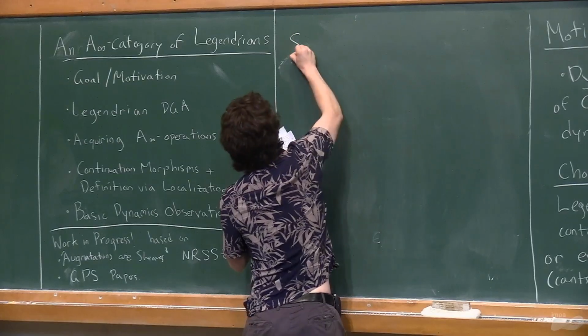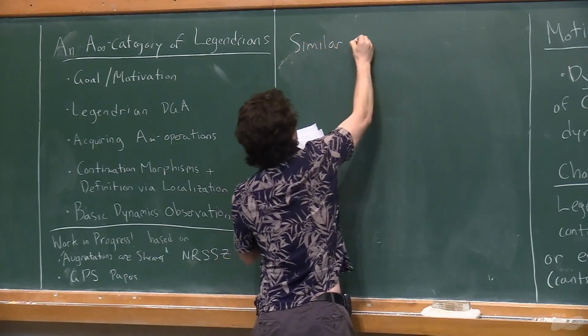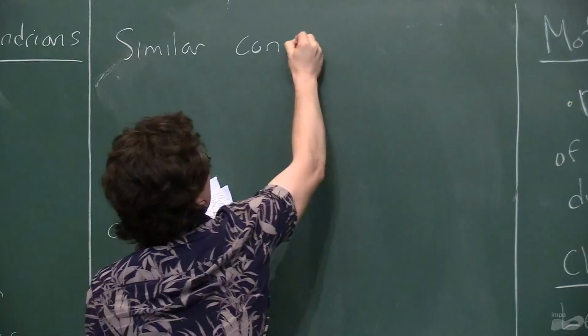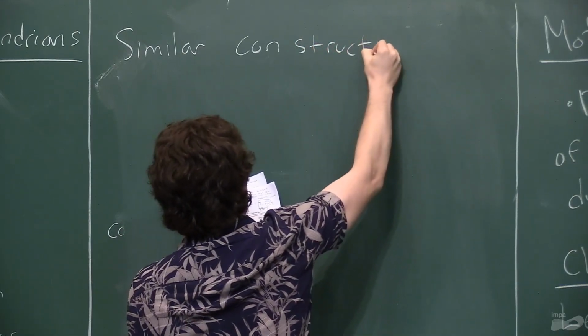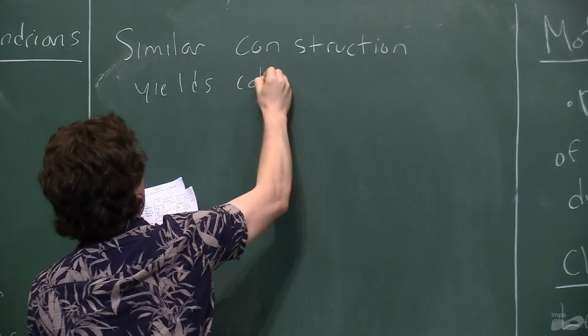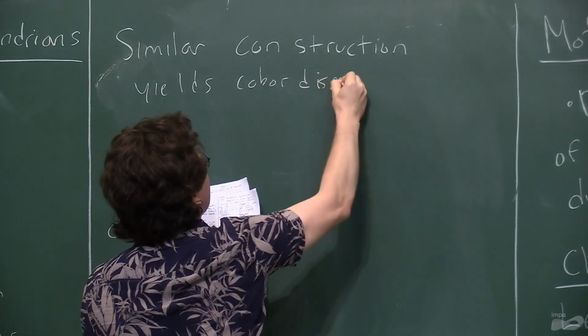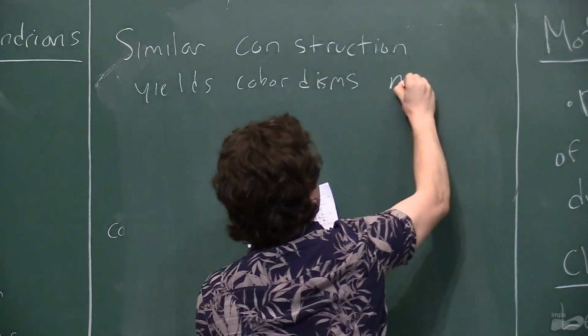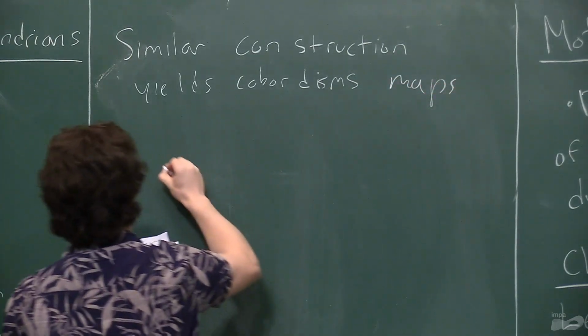So a similar construction yields cobordism maps. I will not talk about these much, but they're pretty important for what I'm going to say.